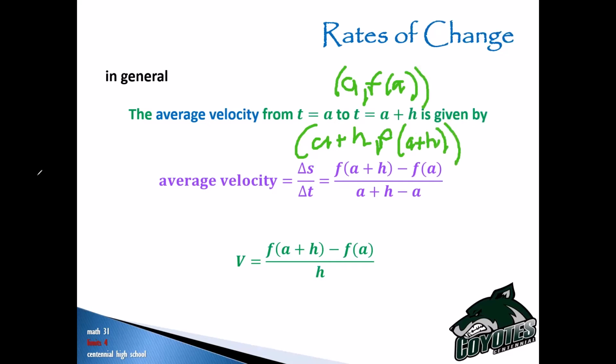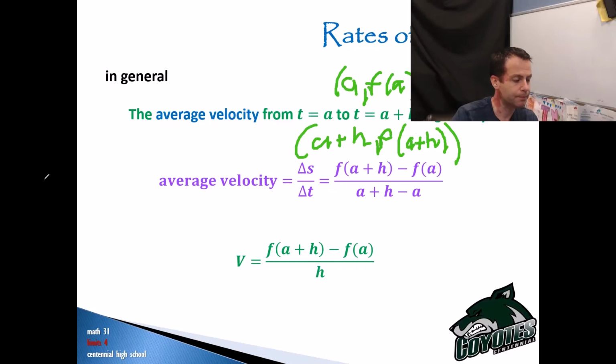Just in case you can't see, I'm going to take myself away for a second, just in case I'm covering that. So that's where this formula is then coming from. It's y2 minus y1 over x2 minus x1. Okay, and so the velocity ends up being v equals (f of a plus h minus f of a) over h, and that's just because a plus h minus a is h.